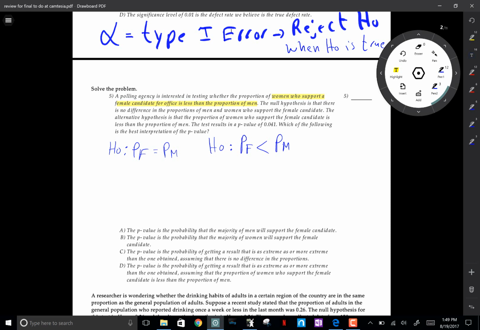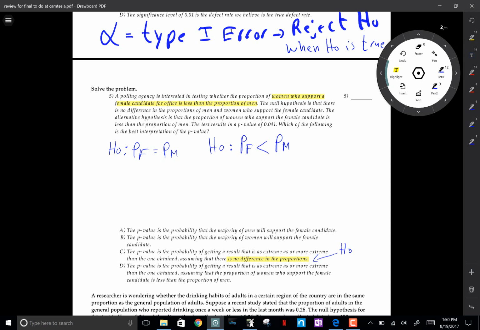So let's look at C. The p-value is the probability of getting a result that is as extreme or more extreme than the one obtained, assuming there is no difference in the proportion. So right here, the key thing is no difference in the proportion, because that is telling us it's the null hypothesis, because the null hypothesis is stating there is no difference between female or male.